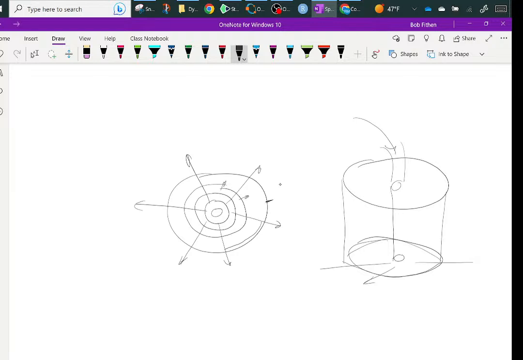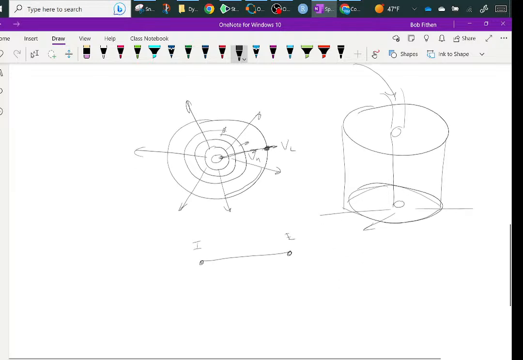So the last point here has the slowest velocity. Up around in here, it has a really high velocity. So if you write Bernoulli's between here and here, this is near the inlet and this is near the exit, then you have V low, then V high, and this is all at the same elevation.